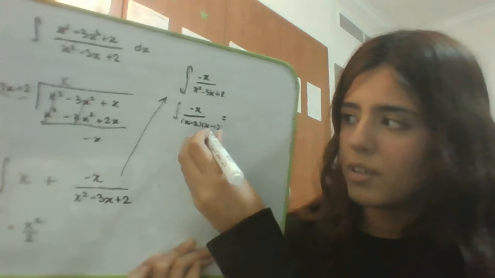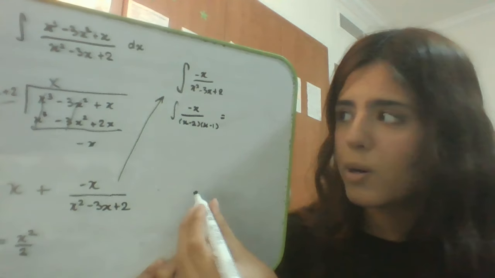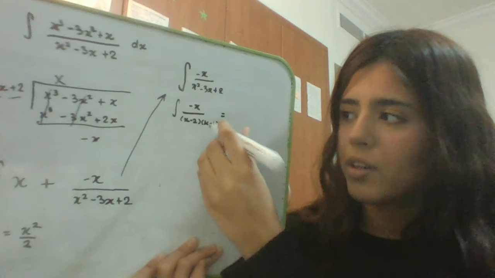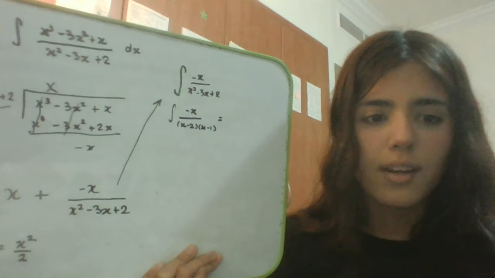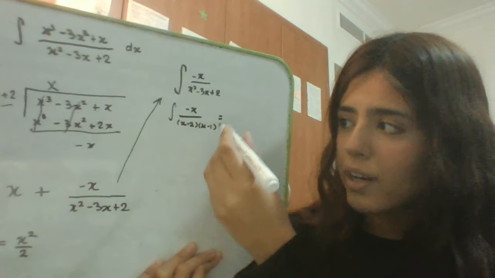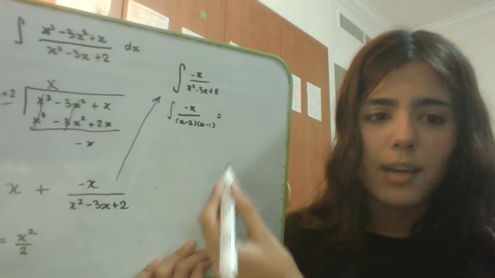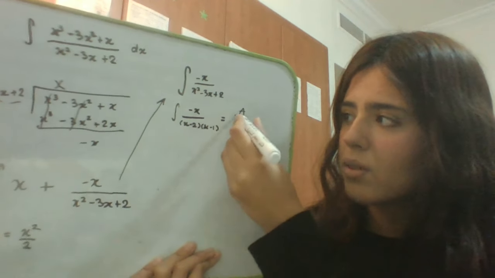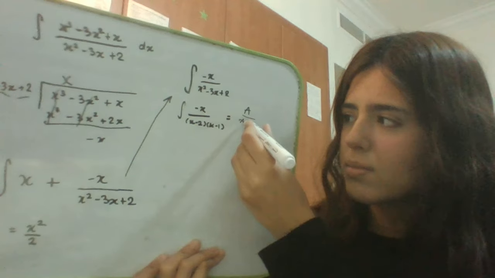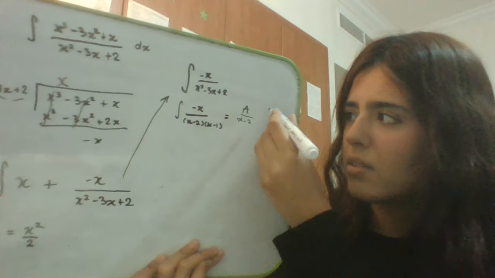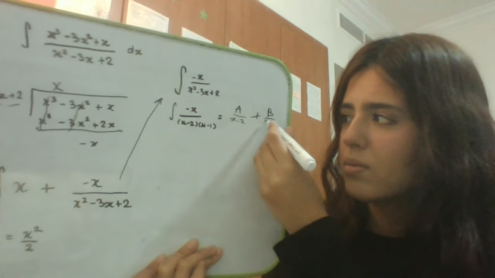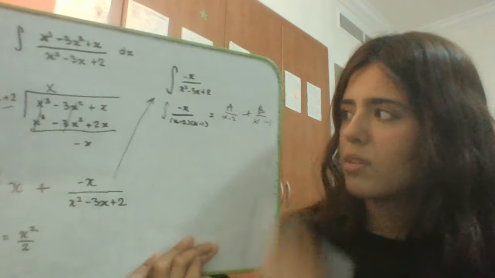So the next step is we're going to suppose that the numerator is A and B depending on the denominator. Here there's two terms, so we're just going to do A and B. If it was x minus 2, x minus 1, x plus 1, we would do A, B, and C. But since it's just two terms, we're going to use only A and B. So what we're going to do is A over x minus 2, sorry, my left hand writes really badly, plus B over x minus 1.